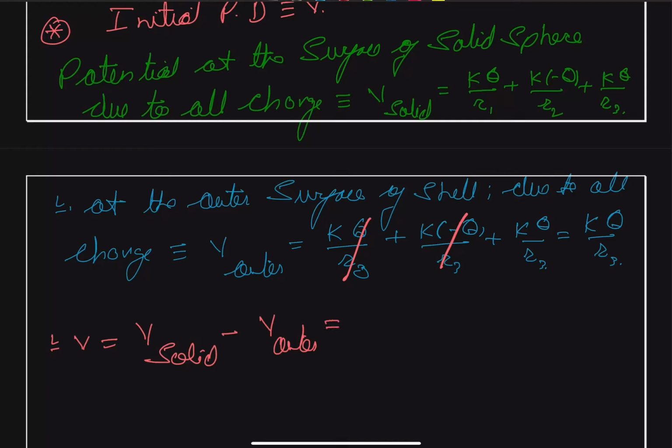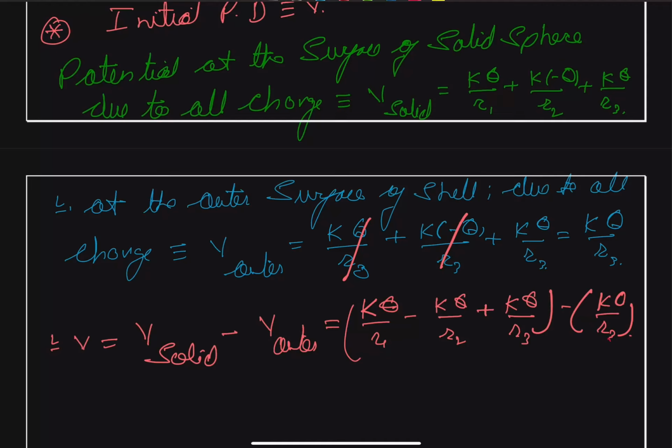We already know the equations, so we can write it as kq upon R1 minus kq upon R2 plus kq upon R3 minus kq upon R3, and here the kq upon R3 terms cancel out.